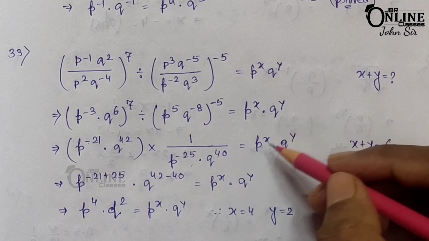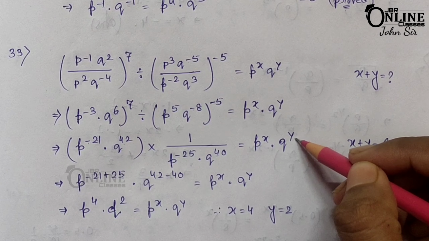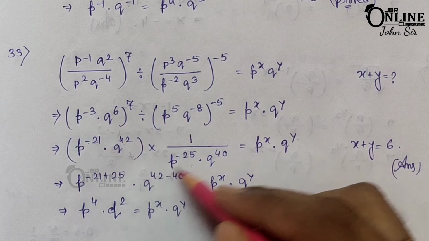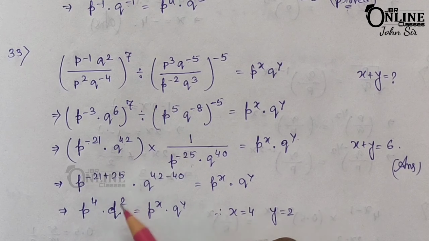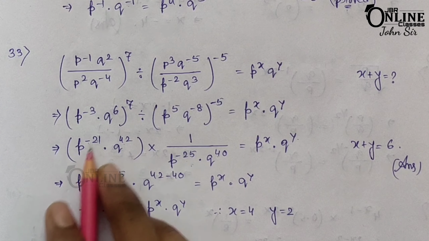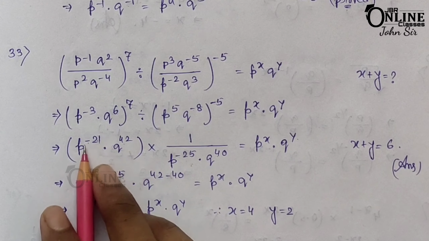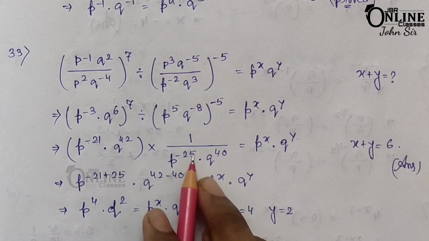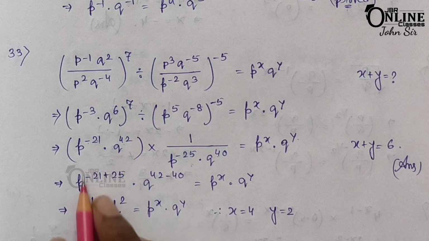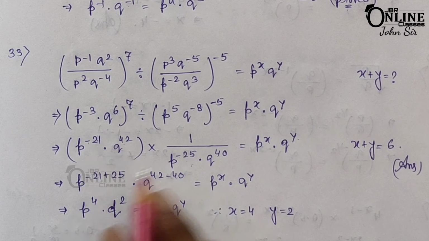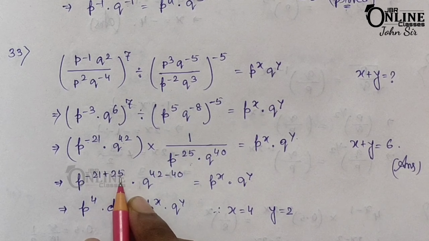Okay, so now next one, p to the power x into q to the power y. Okay, please observe here very carefully. Okay, so down the next one, as here p to the power minus 21 divided by p to the power minus 25. So that means again the power will be subtracted. So minus 21 plus 25, as here minus, so it will be in plus.